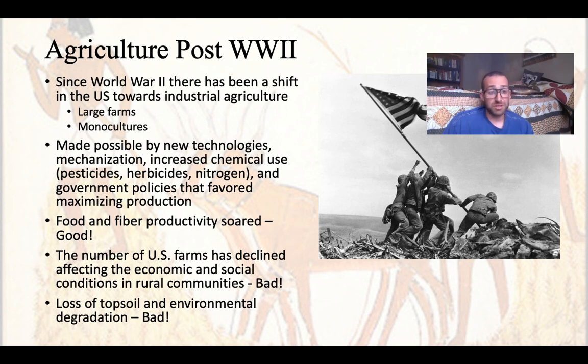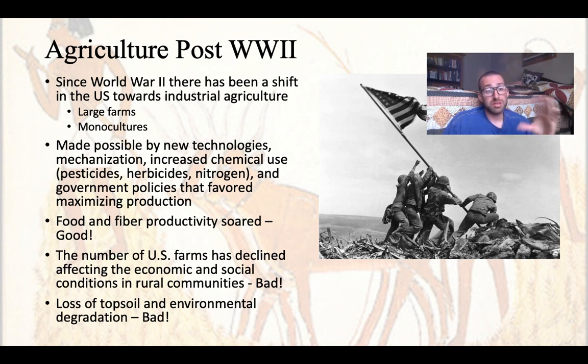we can sell overseas. Now, because of these things, our food and fiber productivity soared, right? We saw great increases in productivity. But this had a number of negative impacts as well. We're pushing for these big farms, and it's these big farms that are going to persist.